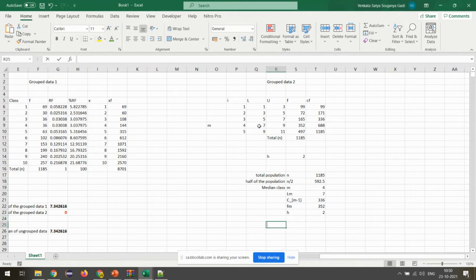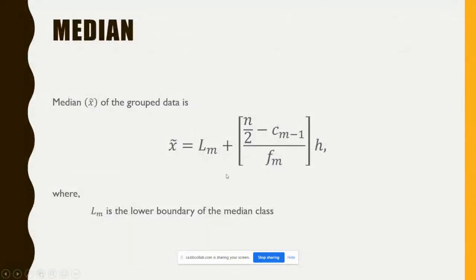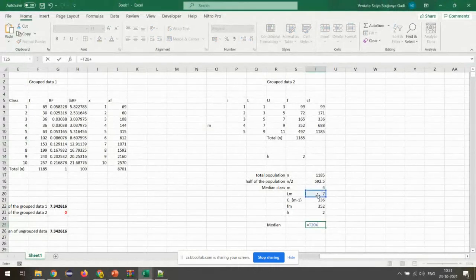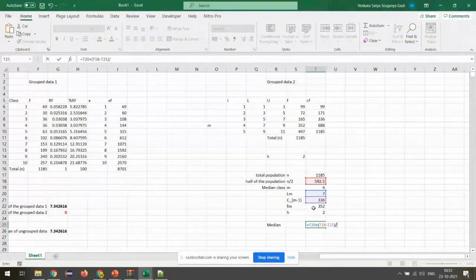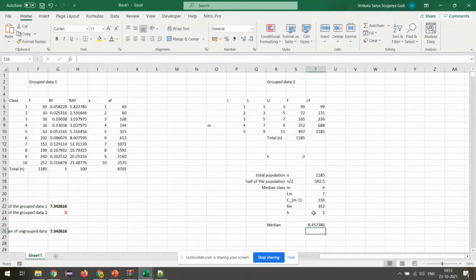So if we have all this, we can calculate the median. Let me show the formula again: L plus n divided by 2 minus Cm minus 1, divided by Fm, whole times H. So lower boundary plus the difference of n by 2 minus Cm minus 1, whole divided by the frequency of the median class, multiplied by H. So we get the answer 8.457.